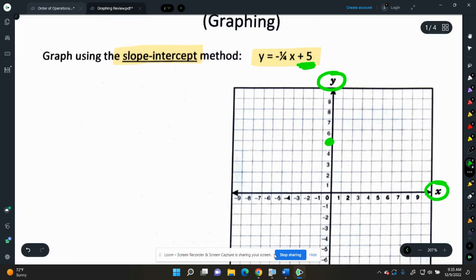Michael, don't tell me how to do this problem, but in general, once we plot our y-intercept, what do we do next? How do I find the slope? Where do I find the slope in the equation?